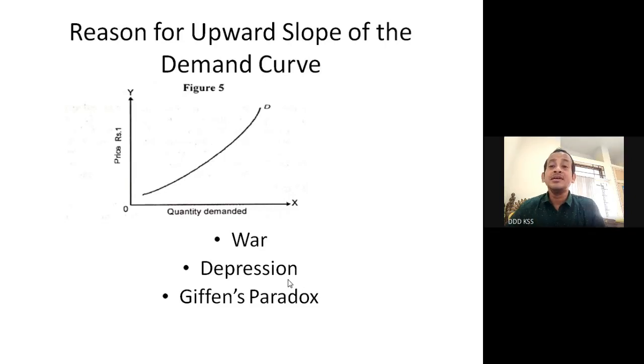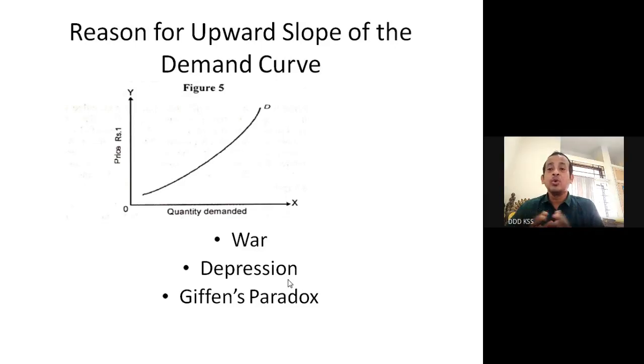Then another is Giffen paradox. We will understand it in a different way. To make it simple, I am giving you a summary of the Giffen paradox. Giffen paradox refers to the economic concept through which demand for inferior goods increases when the price increases.